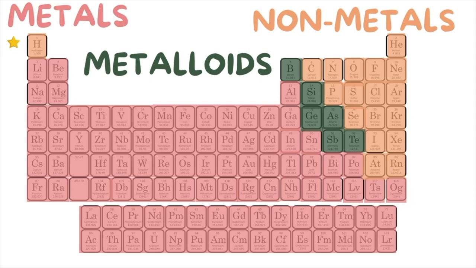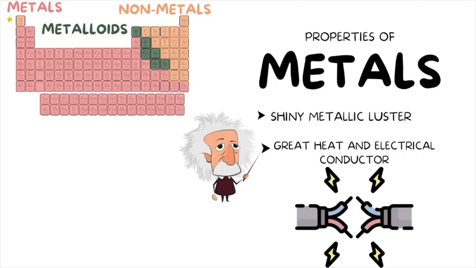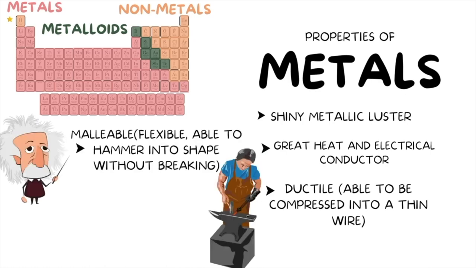So let's take a look at the properties of metals, nonmetals, and metalloids, starting off with the metals. So these metals have a shiny luster. They are great heat and electrical conductors. For example, we have the metal in our wires that we use to transfer and conduct electricity. They are ductile, and that means that they're able to be drawn into a wire. They are malleable, meaning they're flexible without breaking.